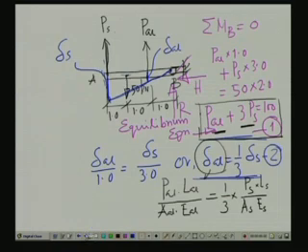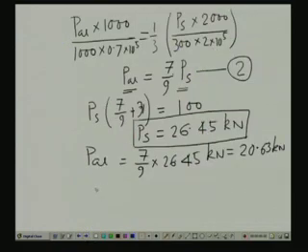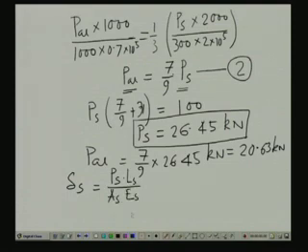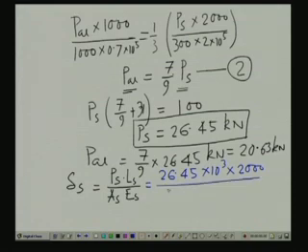Hence, the deformation of the steel bar delta S is equal to P s L s by A s E s, which is equal to P s, we got 26.45 times 10 to the power 3 Newton, times L s, which is 2000 millimeter, and A s is equal to 300, times E s, which is 2 into 10 to the power 5.